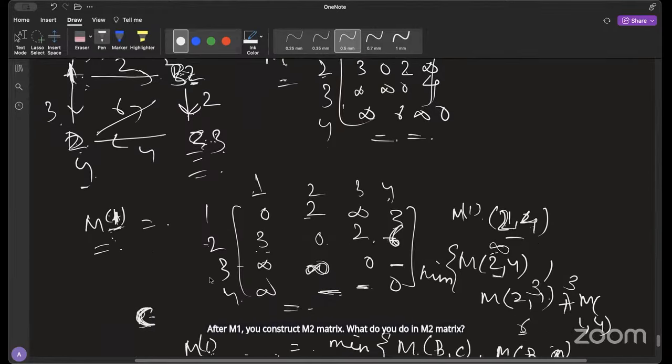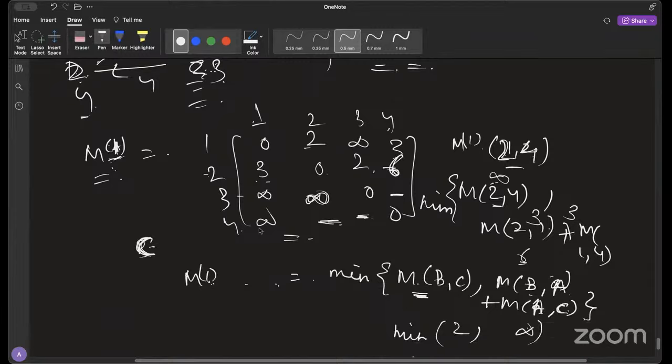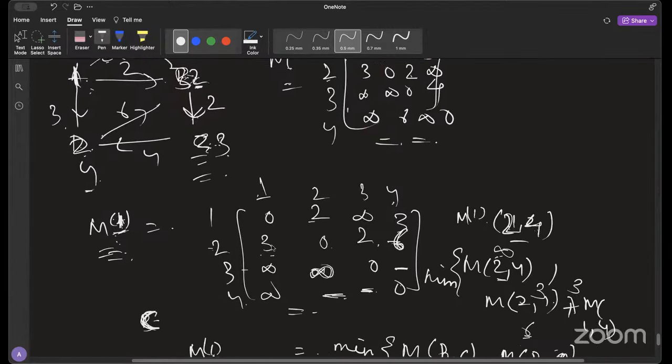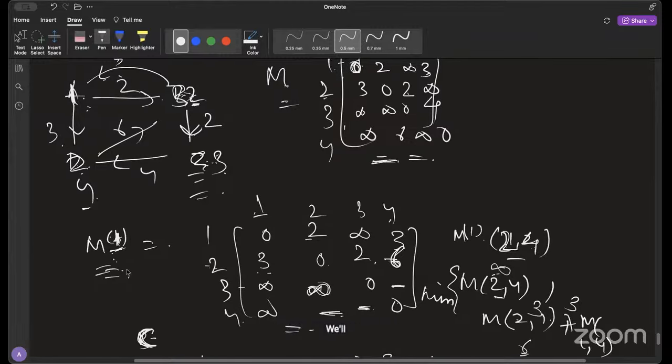Do it in the M2 matrix. So you add these two distances, and these distances you take from this matrix, right? So if you want the entry from 2 to 3, in this matrix you go from 2 to 1 and then 1 to 3.